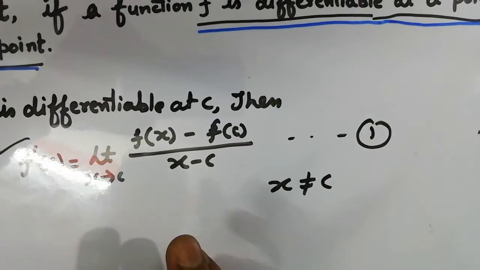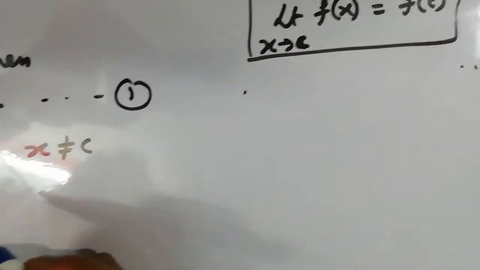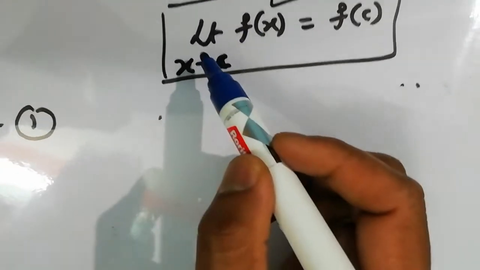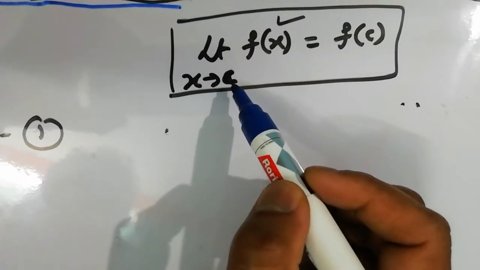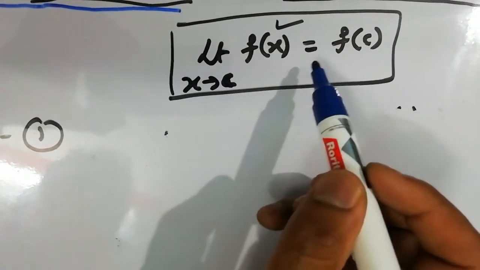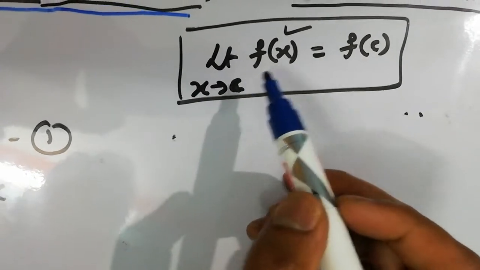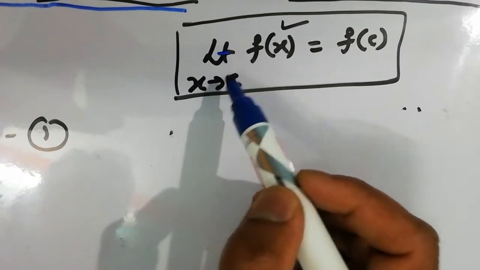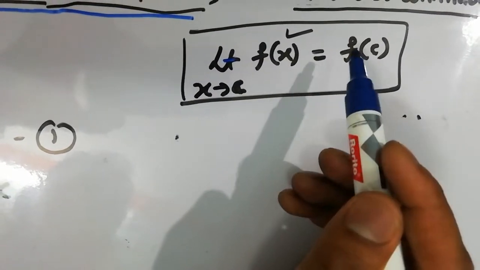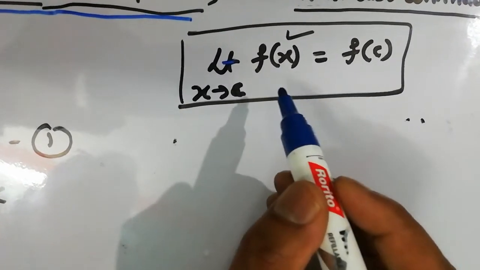Now we know very well when a function is continuous. When a function is continuous, then the limit as x approaches c of f of x is equal to f of c. That you know very well. If the limit exists, then the left hand limit is equal to the right hand limit is equal to the limit at that point.